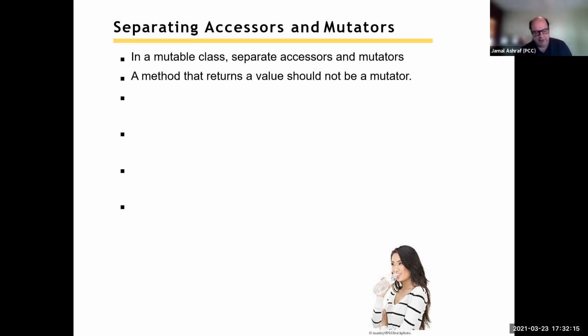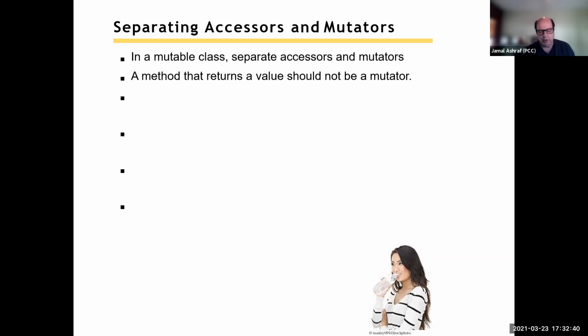Okay, so if it's immutable, that means we cannot have any mutators in there. Now, if that's not the case, then we're going to be separating our accessors and mutators. Generally, the mutators are not returning anything.